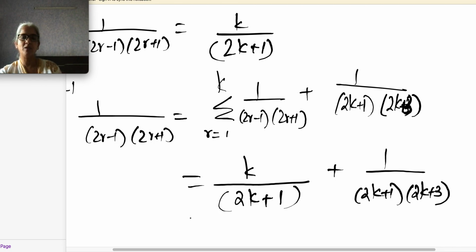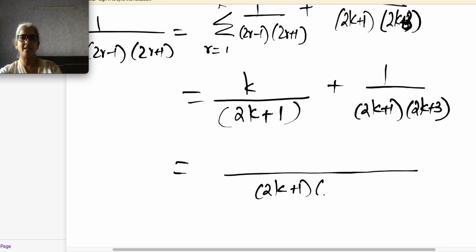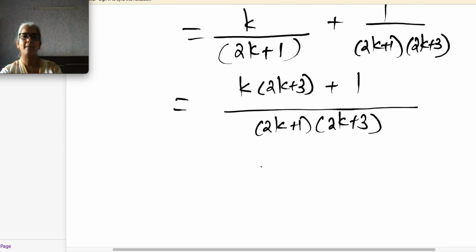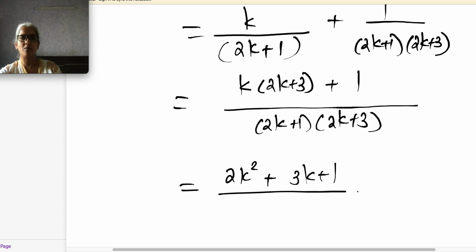Now it is simply about making sure I do the right algebraic simplification. I have an LCM, 2k plus 1 times 2k plus 3. So my numerator is k times (2k plus 3) plus 1, which is 2k square plus 3k plus 1, upon (2k plus 1) times (2k plus 3).